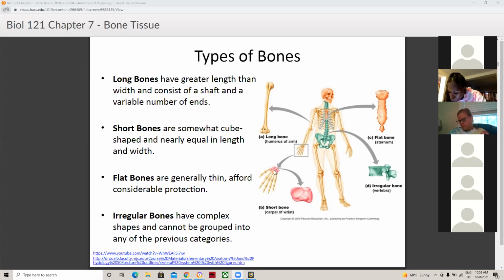We have flat bones that are generally thin and afford considerable protection, like the bones of the cranium. We have irregular bones, like our vertebrae, that have complex shapes and can't be grouped into any of the other categories.